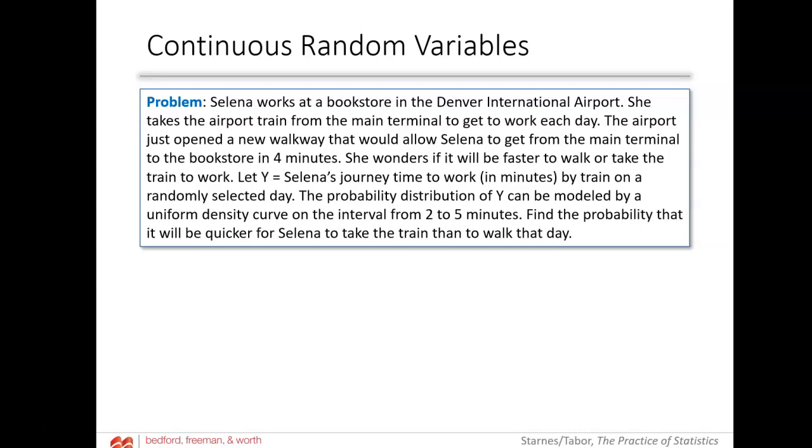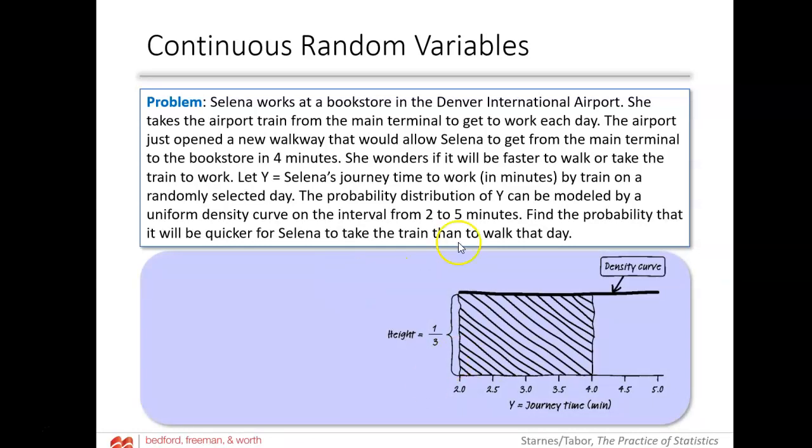All right. Well, the whole axis here is 2 to 5 minutes, but it's only going from 2 to 4 minutes. So the distance here, 2 to 4 units, that would be 2. And then the height of your curve is 1/3.